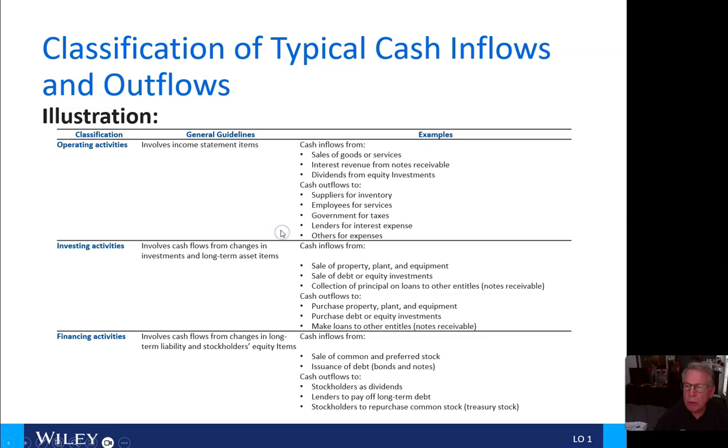Now, investing activities involve changes from long-term assets. And here we could have cash inflows from the sale of property, plant, and equipment, the sale of debt or equity investments, or a collection of principal on loans to other entities.